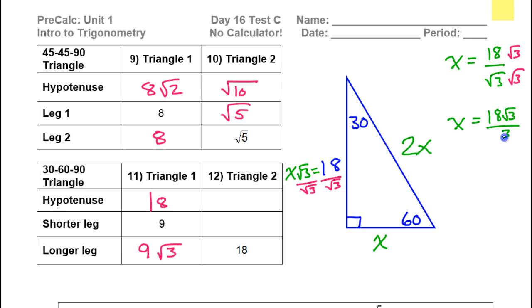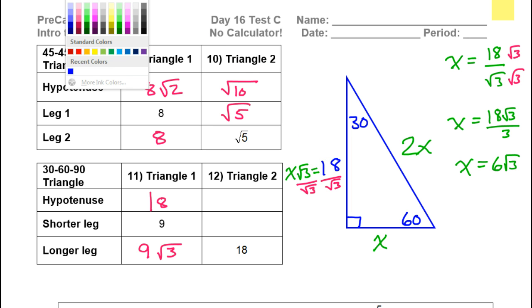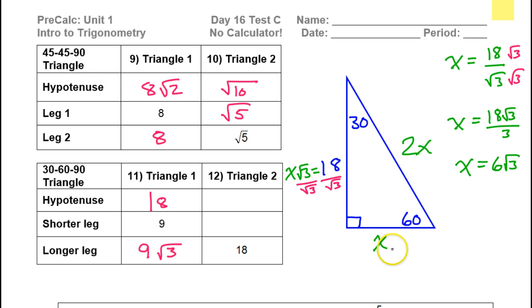18 is divisible by 3. You get 6. So this makes 6 radical 3. We just found out that x is 6 radical 3. But let's remember what x is. This is x right here, so this is 6 radical 3. That's my short leg.